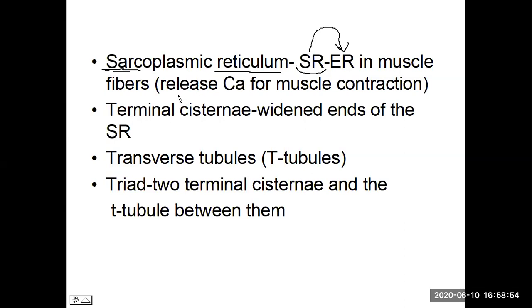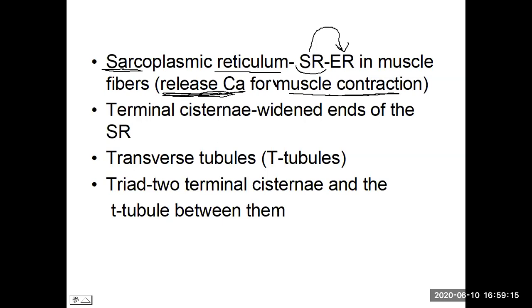Their key function is they store, and more importantly, they release calcium ions. And this calcium release is a vital step in order for the muscle cells to contract, to shorten, and to produce that force for motion.